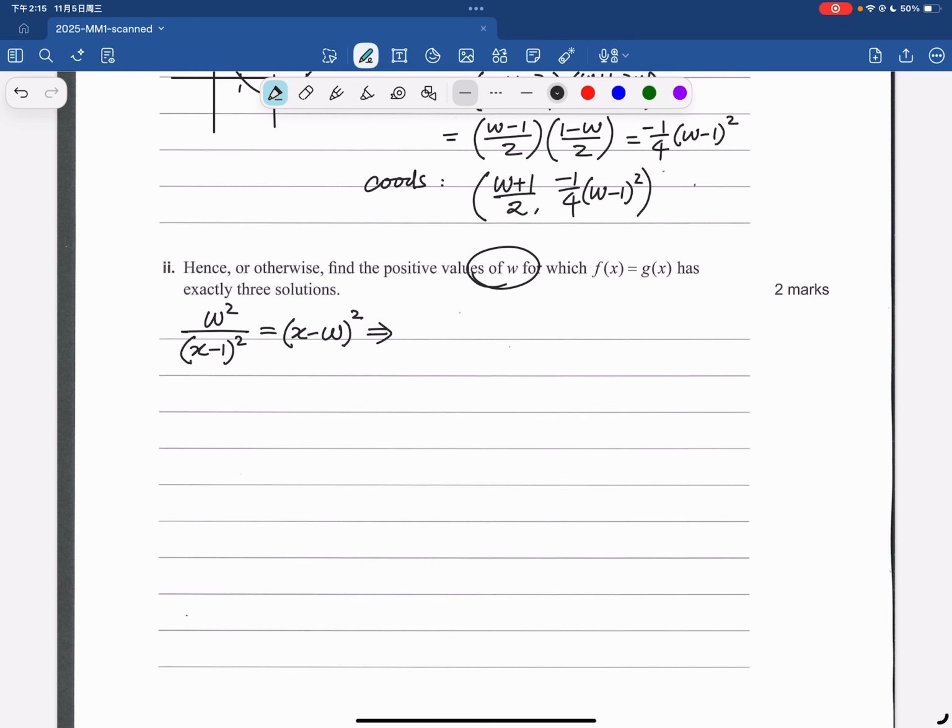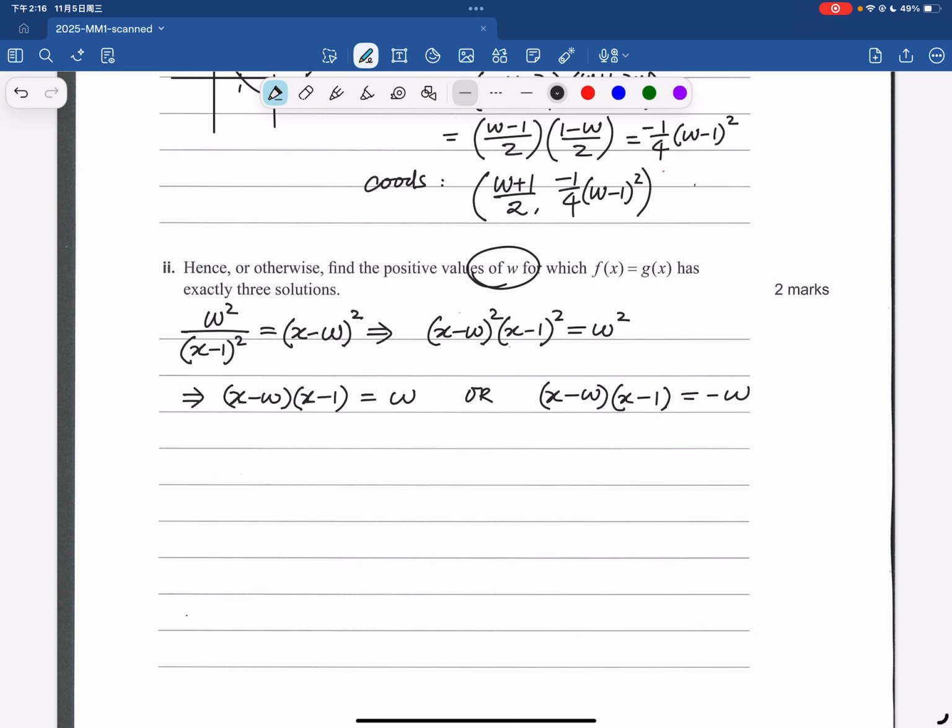So that will lead to x minus w squared times x minus 1 squared equals to w squared. The next thing is I may get x minus w, x minus 1 equals to w, or x minus w, x minus 1 equals to negative w.